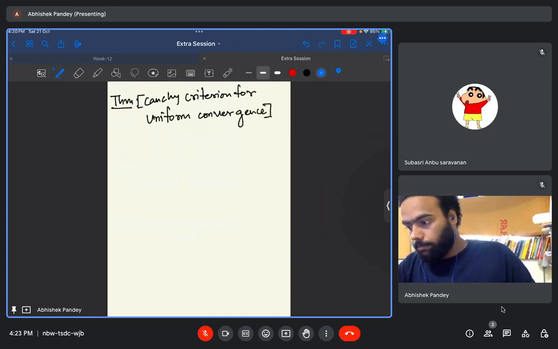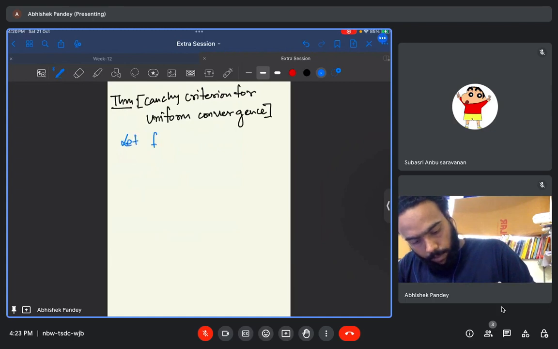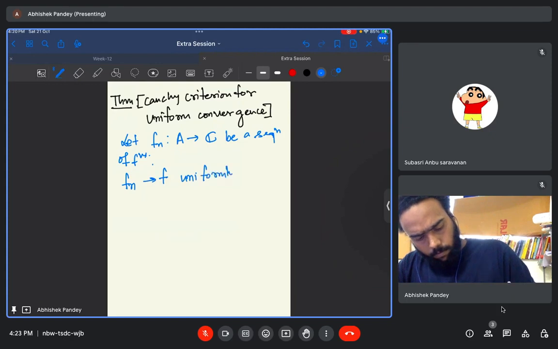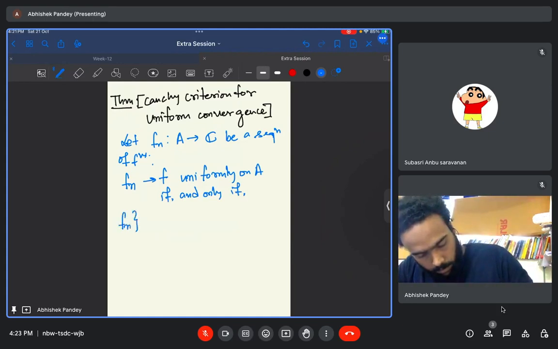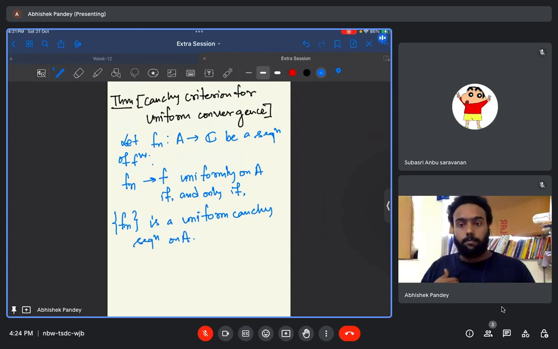Let fn from A to C be a sequence of functions. Then fn converges to some f uniformly on A if and only if fn is a uniform Cauchy sequence. So this is the criterion, and this is again a standard fact.